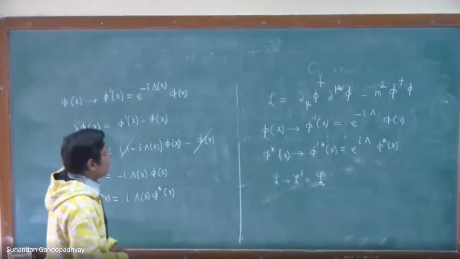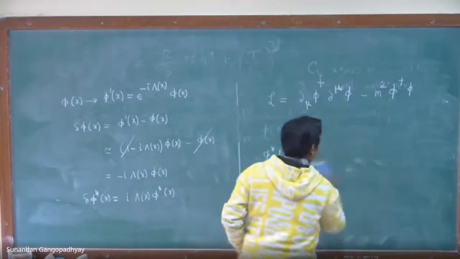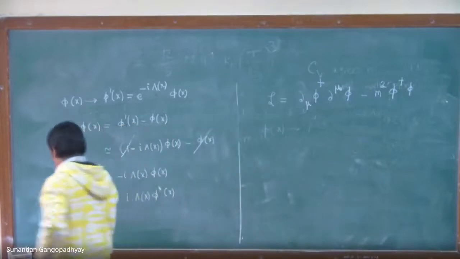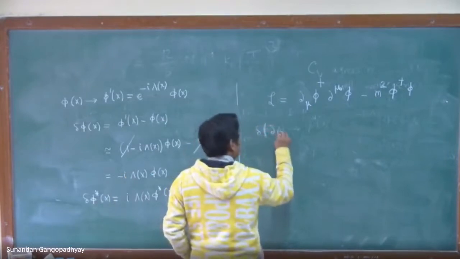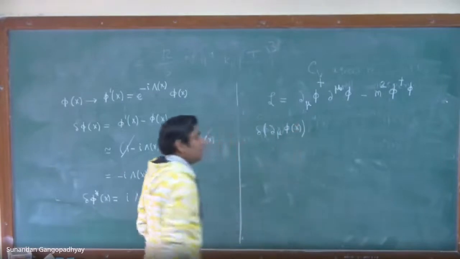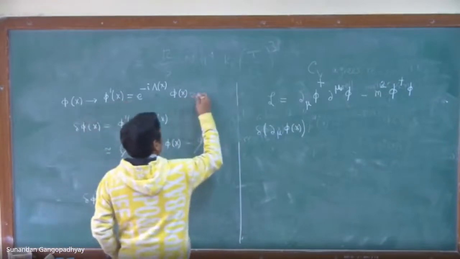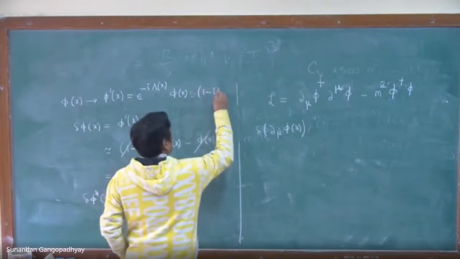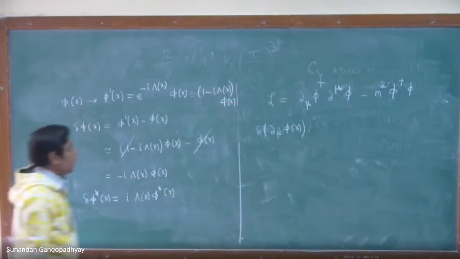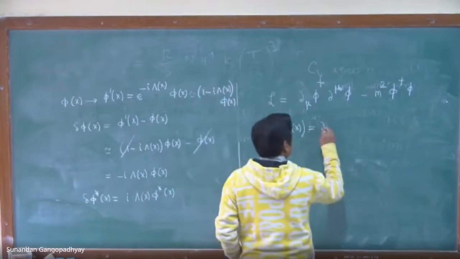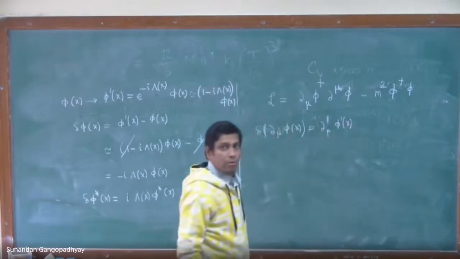Let us now see what is delta of del mu phi of x. By infinitesimal, I mean that phi going to phi prime of x is basically (1 minus i lambda of x) phi of x. So delta of del mu phi of x, by definition, is del mu phi prime minus del mu phi, because you are not changing the space-time coordinates, so del mu remains del mu.